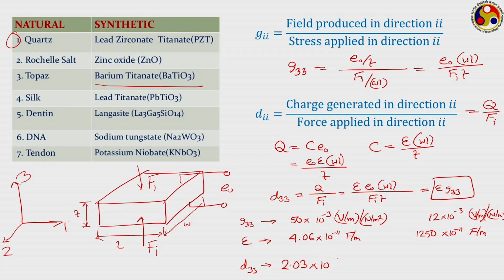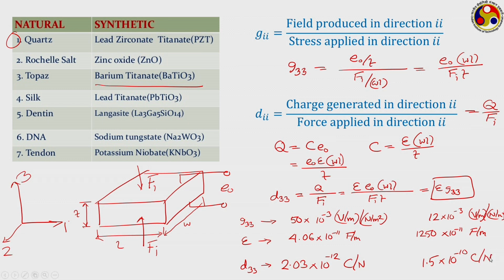If you take the product, it will become 2.03 into 10 to the power minus 12 coulomb per Newton for quartz, whereas for barium titanate it will be equal to 1.5 into 10 to the power minus 10 coulomb per Newton.